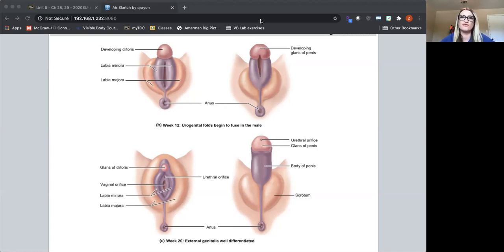So the reduction of hormones has some fun side effects. For women, not only do we have to go through periods throughout our adulthood, since puberty, but then we have this awesome menopause.